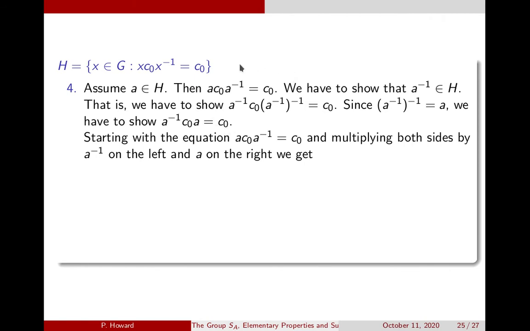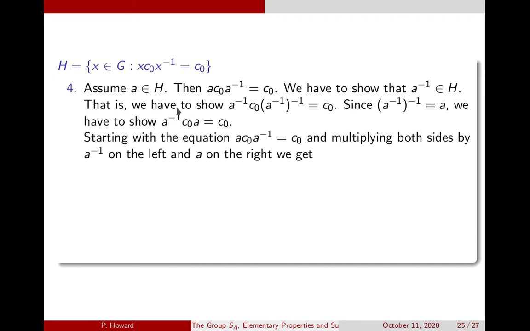So we start with this equation, which we know is true because it's the equation that says little a is in H, and we multiply both sides by A inverse on the left and A on the right.